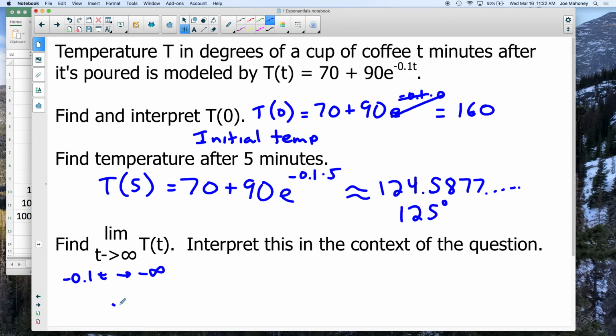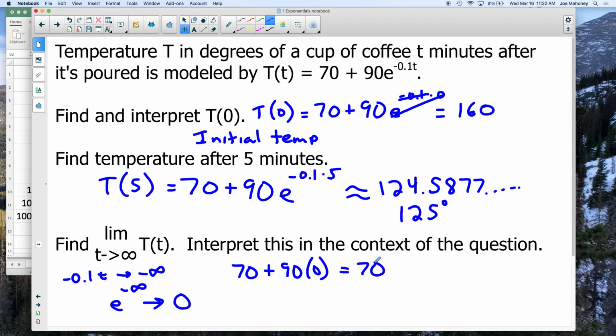And then let's think about what happens to e to the negative infinity. This is what happens as x gets really, really small in an exponential function. So e to the negative infinity is approaching 0. So now I get 70 plus basically 90 times 0, which is 70.